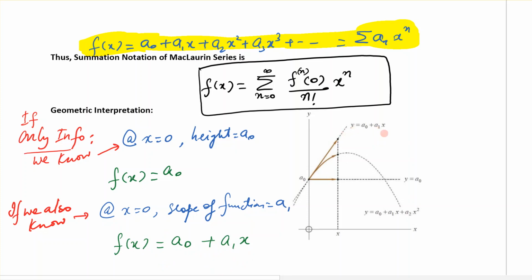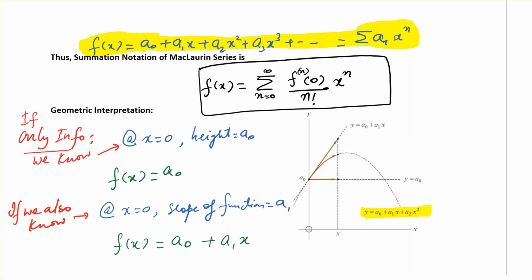So we get to this point. Similarly, if we keep on receiving additional information about the function, about the second derivative at x equal to 0, we can have another term in our polynomial, and we can approximate the function better and better.